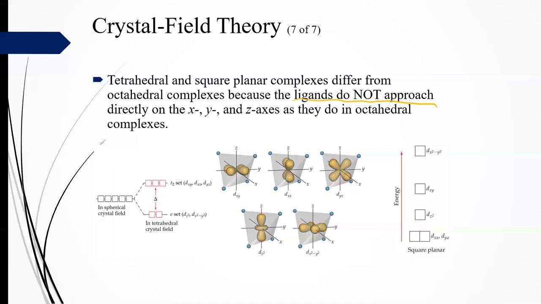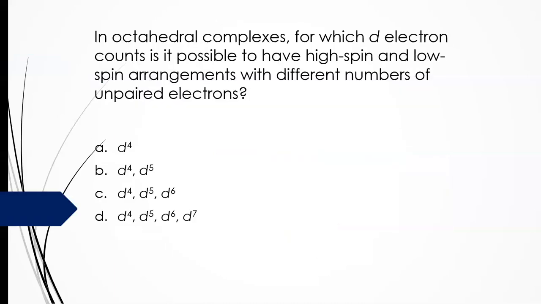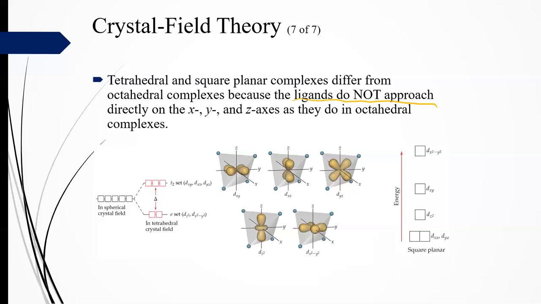So this changes the impact that we're going to see. For our class, we're going to focus on the octahedral complexes, but we do want to understand that tetrahedral and square planar complexes will give us a different impact.